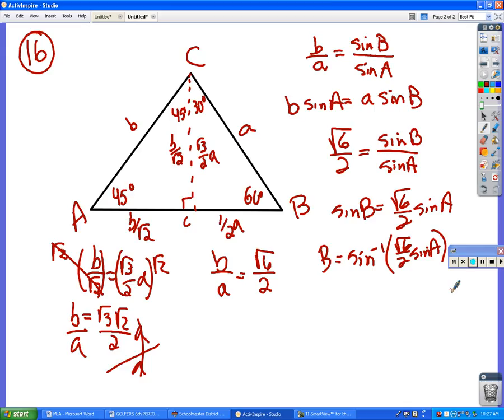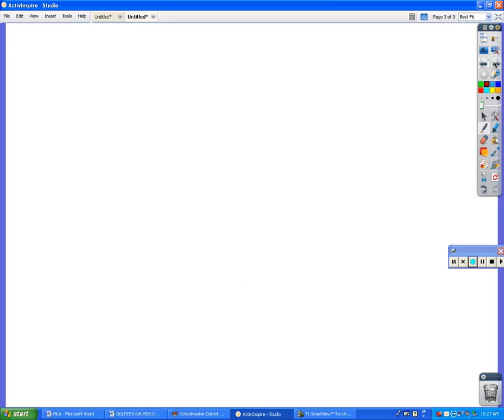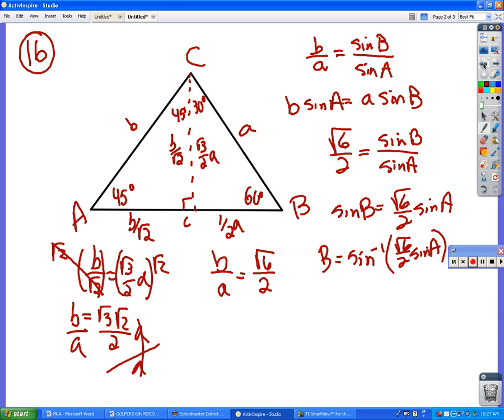And then Austin can tell us the story. Yep. Got it. So B is equal to the inverse sine of root 6 over 2 sine of A. Is that right? Okay, now did I screw something up there when we were solving for B over A?